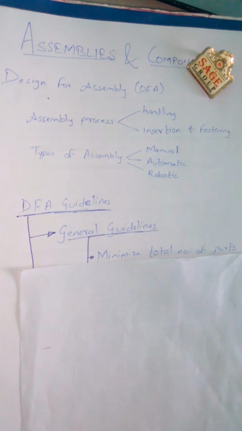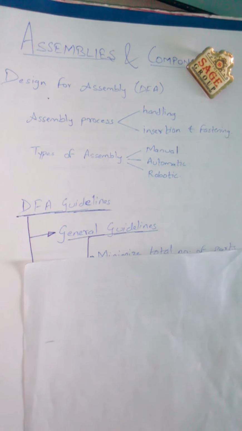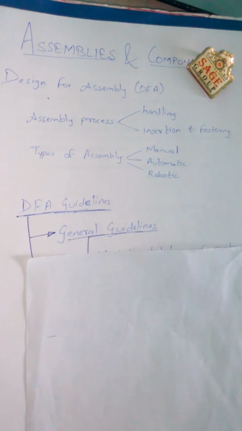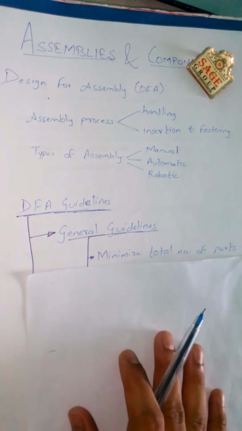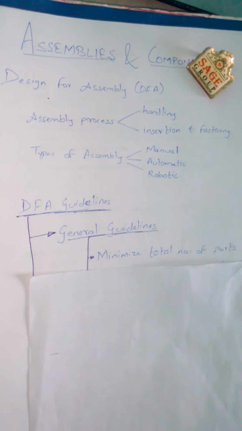The fourth is that maintenance of the product may require disassembly and replacement of the part. And the fifth main point is that parts used only for fastening or connecting other parts are prime candidates for elimination. So these are the five guidelines by following which we can minimize the total number of parts.